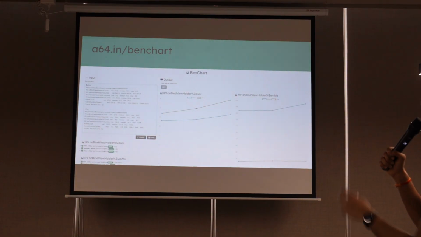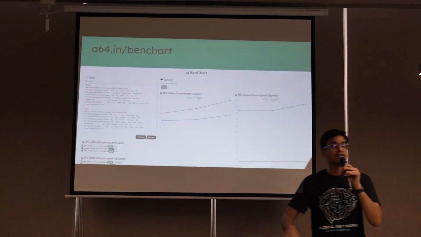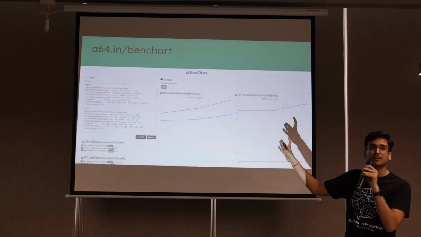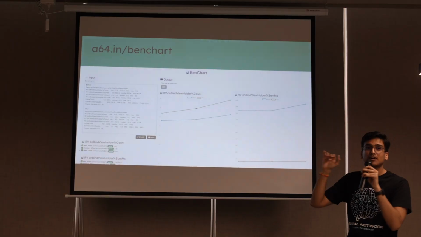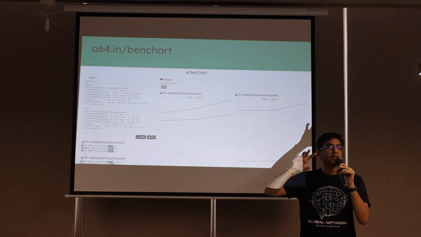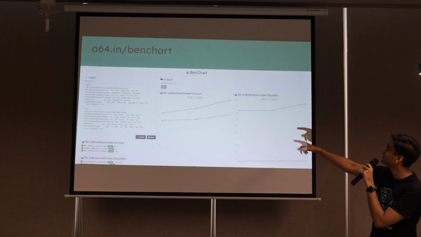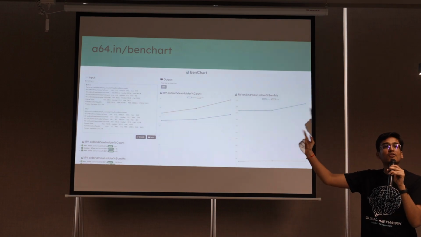And actually there is a web utility from an Android guy, the Apache 64, he has created a kind of tool for comparing the benchmarks. So you can just paste your benchmark comparison output by Microbenchmark, and it will just help you visualize before and after क्या चल रहा था.